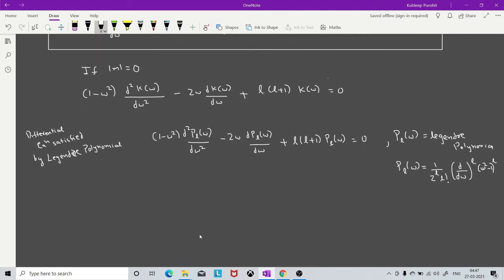So you could have easily found the wave functions by matching these two, and you can easily write this.